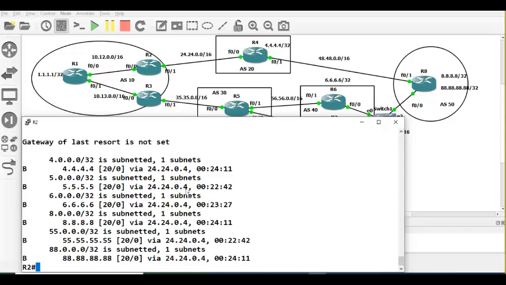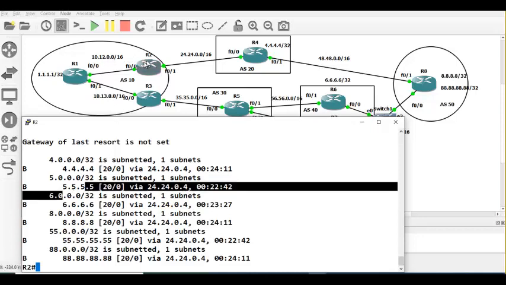If you see R2, as of now, it is going via R4 for every destination. Oh, that's not correct. Why is it going via R4 for 55555 and it is just one hop like this?